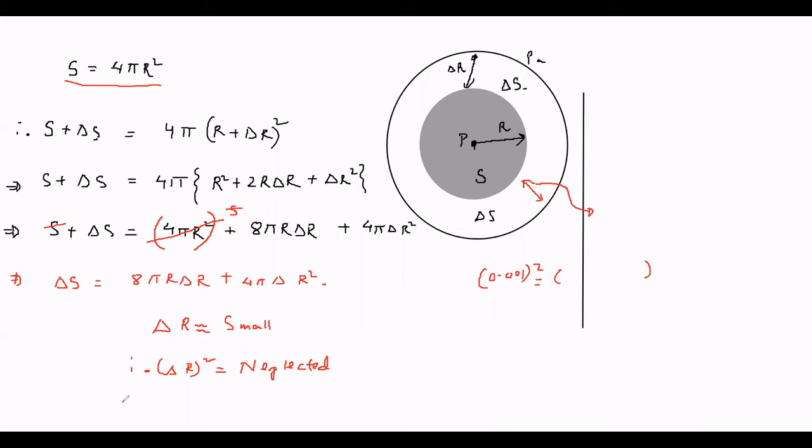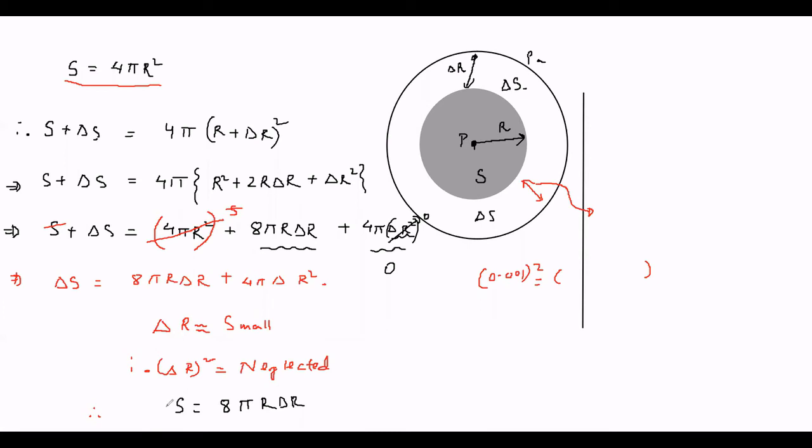So finally, the expression for delta S becomes 8 pi r delta r, because if delta r square is neglected, this term becomes 0. So finally, this is the only remaining term. So delta S becomes 8 pi r delta r.